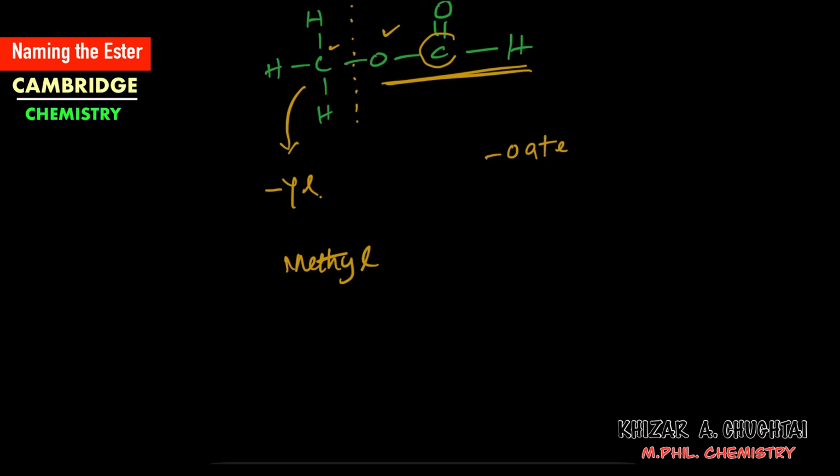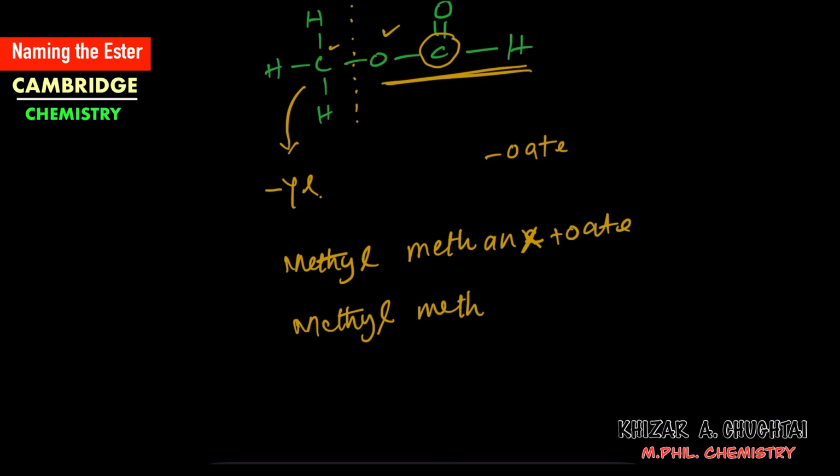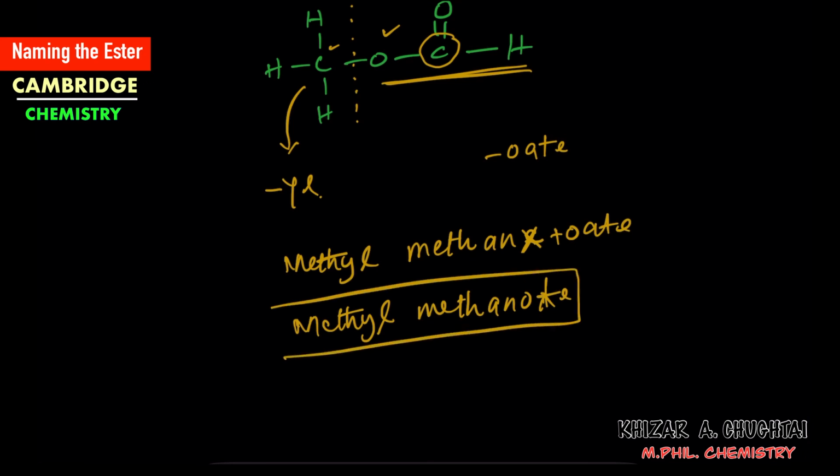And again 1 carbon is over here, so its name will again be meth, and after removing E, we add OATE. So its name is methyl methanoate. Methyl methanoate is the name of that compound.